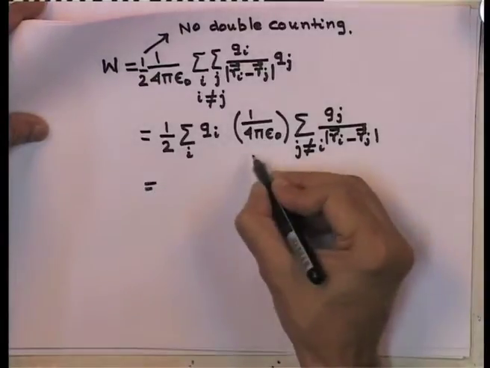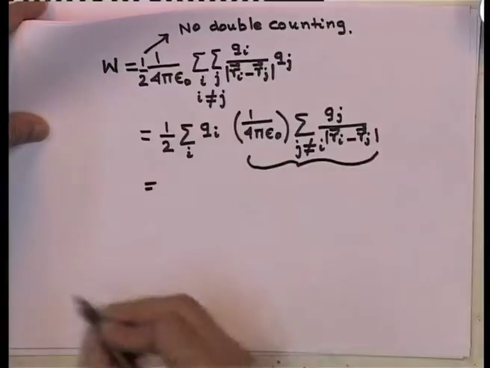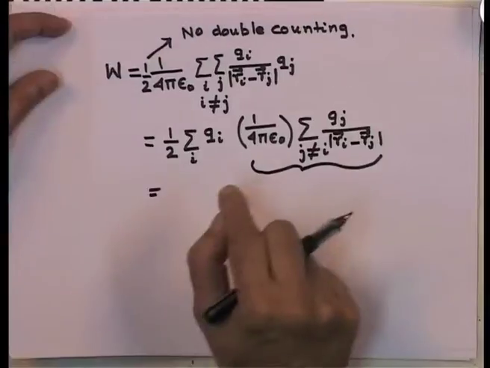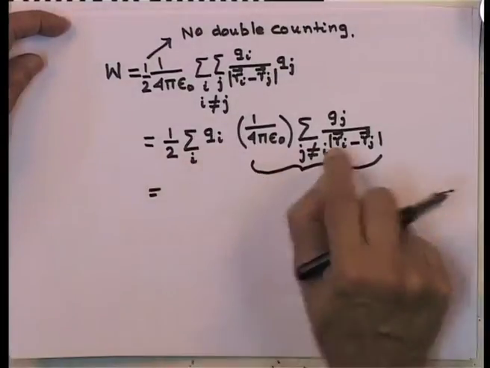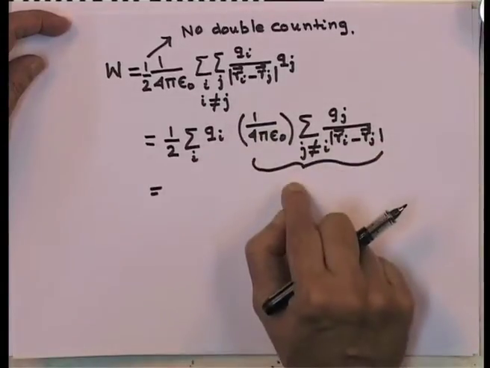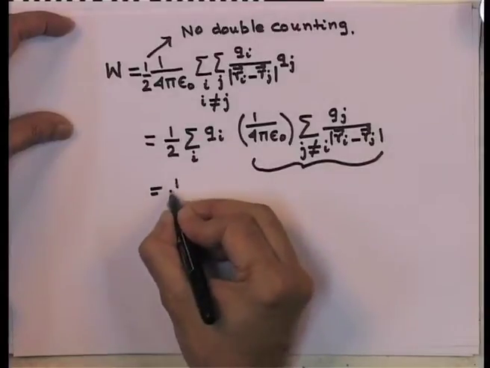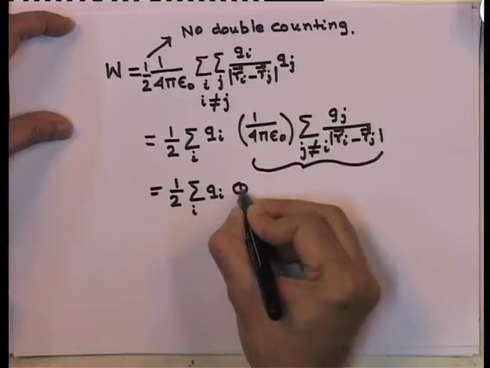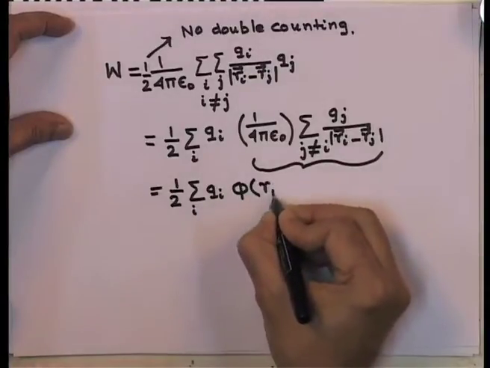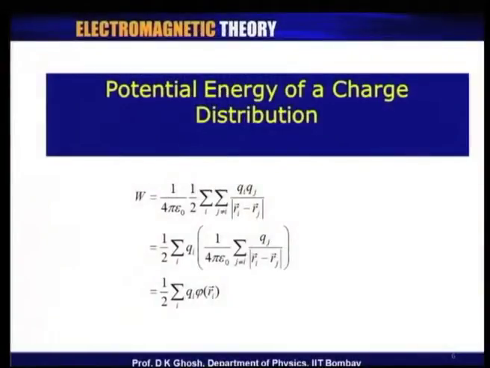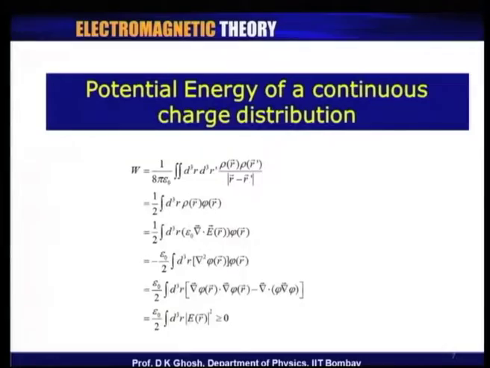But this term here is nothing but the potential seen by the charge Qi at the position i due to all other charges which are located at the position j. So, therefore, this can be written as a sum over i of Qi times phi, the potential at the position Ri. So, this is an expression for the potential energy of a discrete charge distribution.